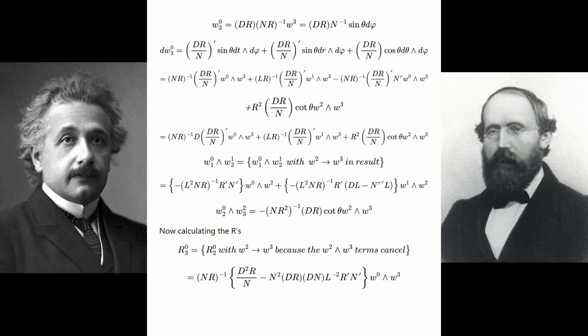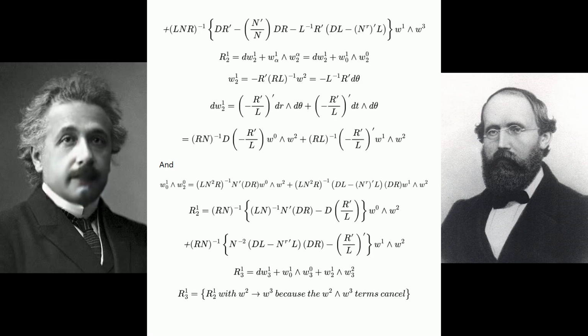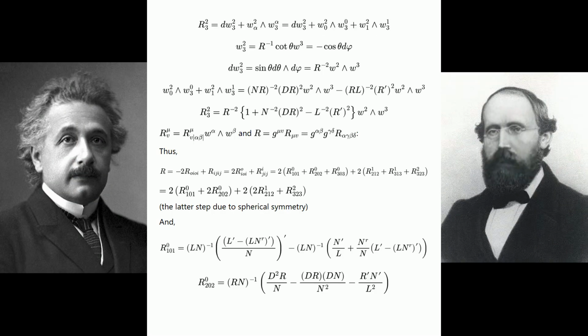Now calculating the R, see the group of equations shown. And see the group of equations shown. R sub v to the mu equals R sub v to the mu alpha beta, with absolute value of alpha beta, w to the alpha wedge w to the beta. R equals g to the mu nu power g to the alpha beta power g to the gamma delta power R sub alpha gamma beta delta.